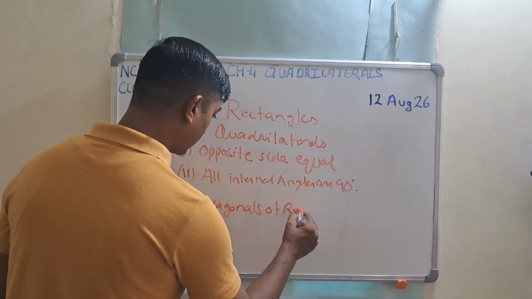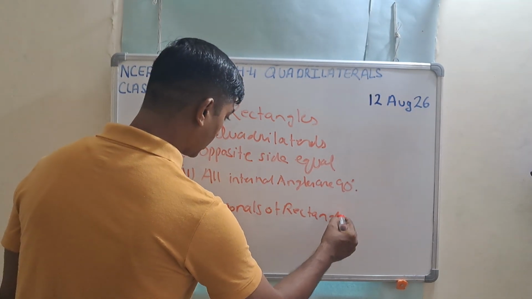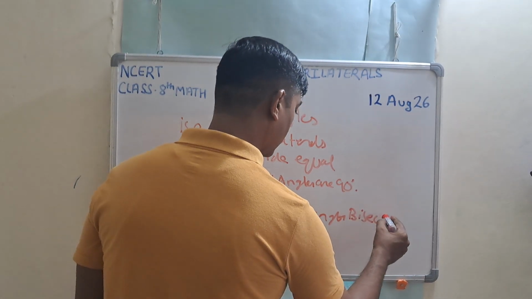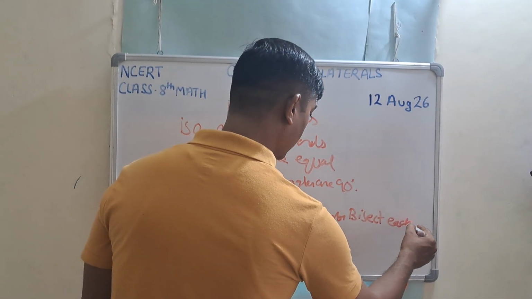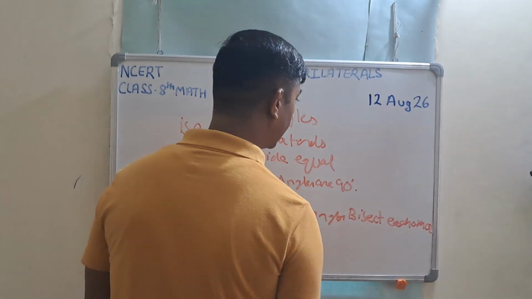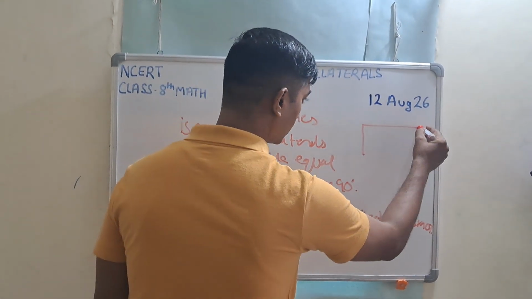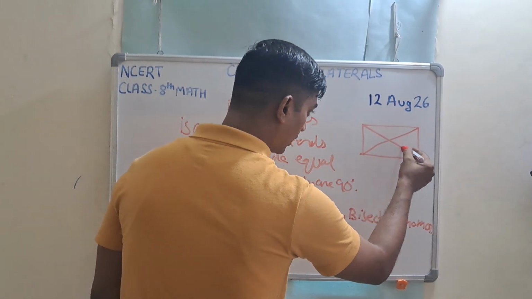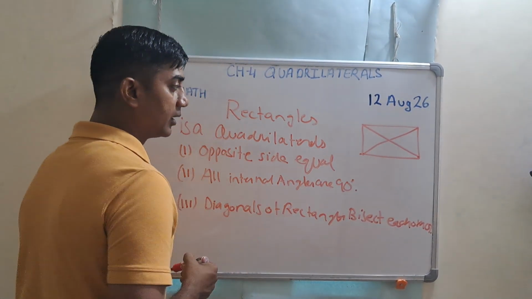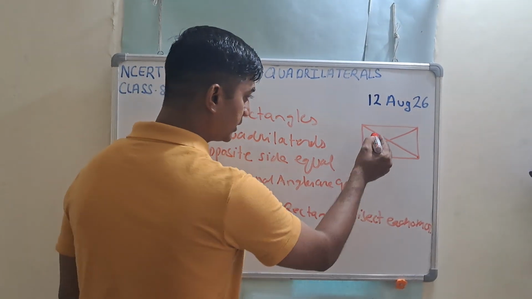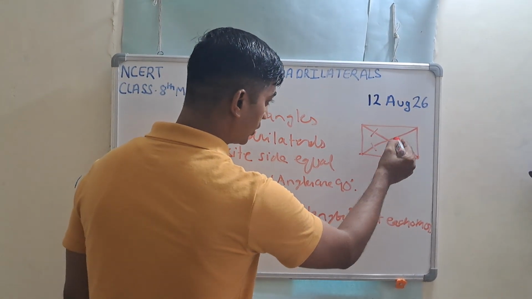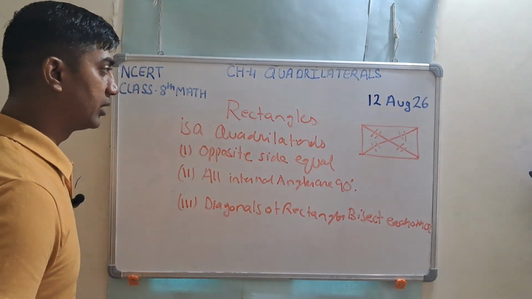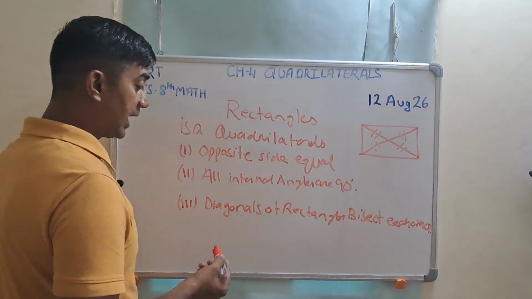Diagonals of a rectangle bisect each other means, if these are the diagonals, the point of intersection is bisecting the diagonals, which means this is equal to this, this is equal to this, and all these are equal. Understood? And the diagonals are equal.